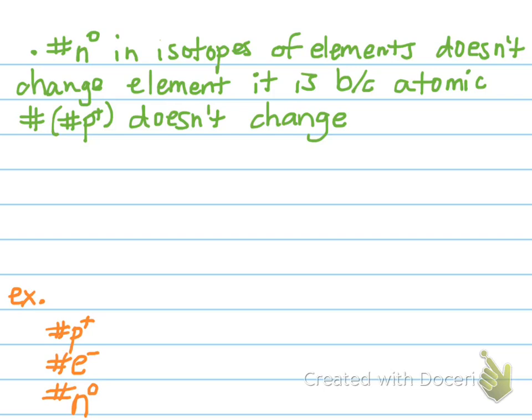And every element on the periodic table has its own atomic number. So if the atomic number of the atom doesn't change, then it has to still be the same atom.